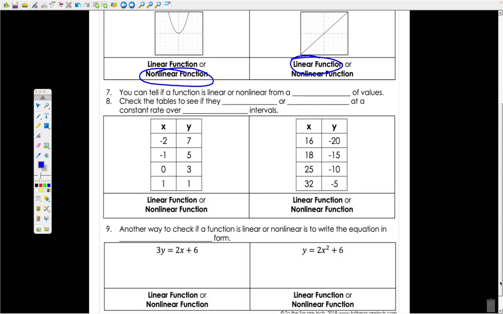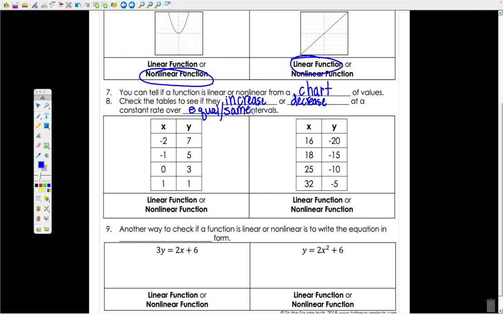If I don't give you a graph, instead, if I give you a chart, a table, not so much fancy tables, but if I give you one, you can tell from a chart of values whether or not it is linear or nonlinear, just to see if they increase, that's the first word here, or decrease at a constant rate over equal or same intervals.